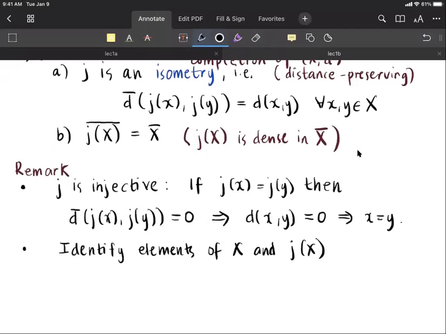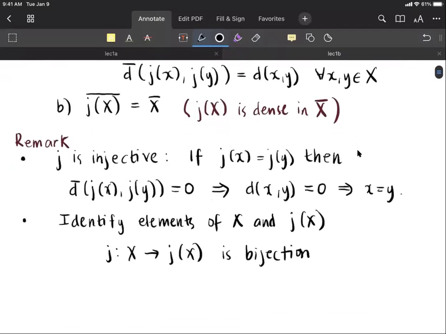Since if you consider the restriction of the codomain with respect to the image, then the map J from X to the image J of X would be a bijection. So there is a one-to-one correspondence between elements of X and elements of the image J of X.